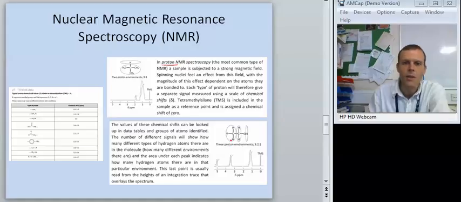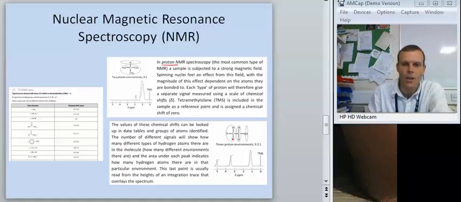It probably gives us the most detail of the three, because it also at a higher level tells us what is connected to what. But what we can see is, here's our molecule ethanol, and I've got three types of hydrogen in there. There's this one, these two are the same, and those three are the same.